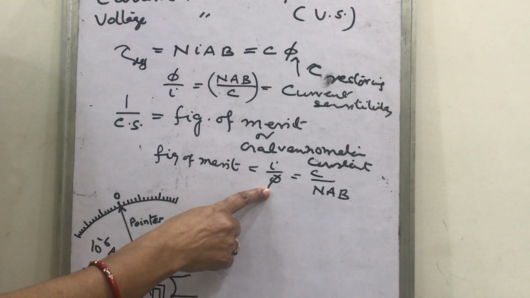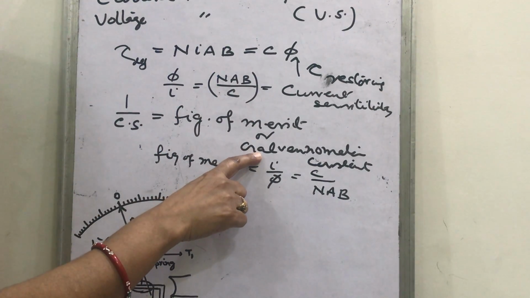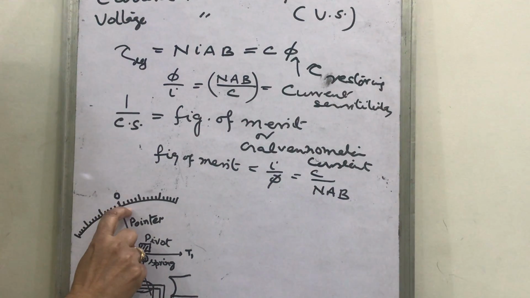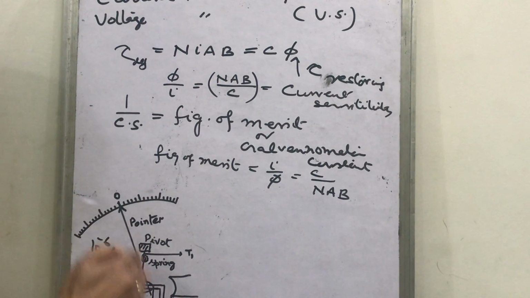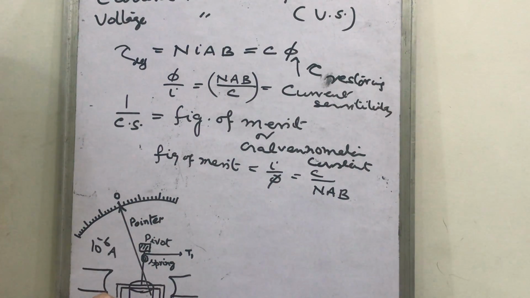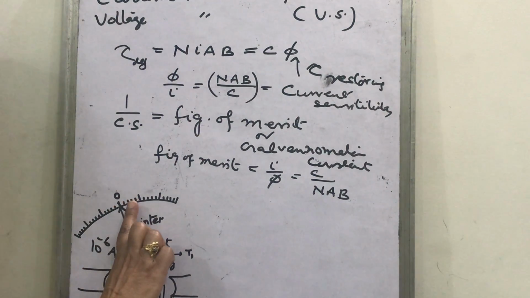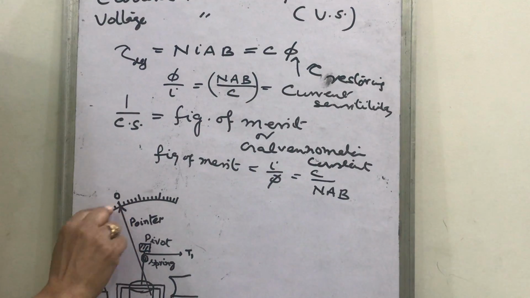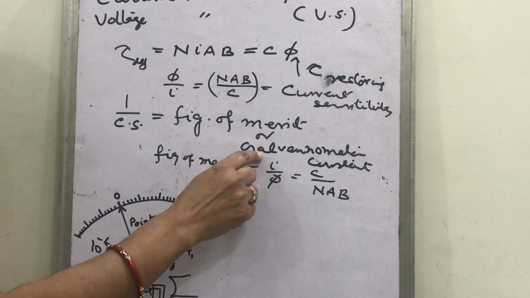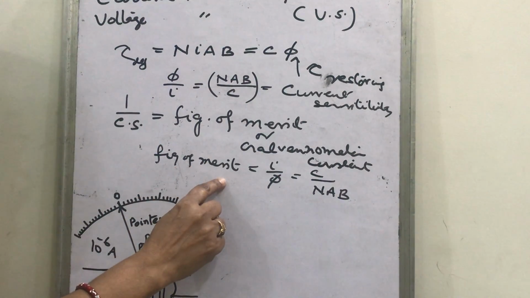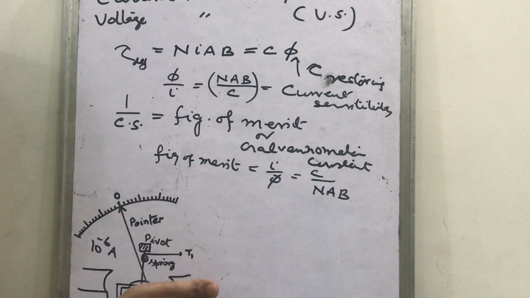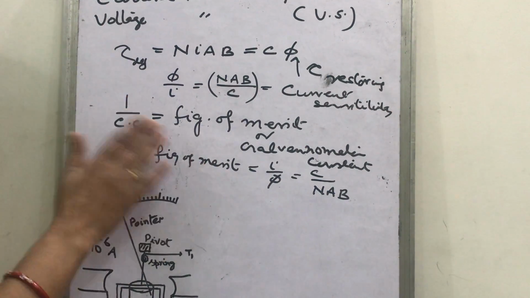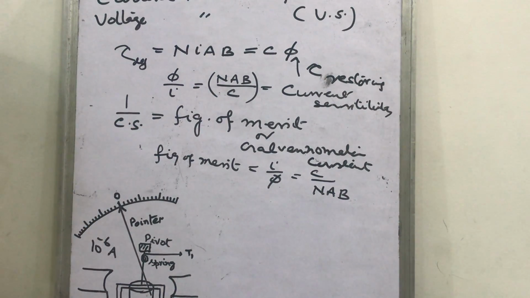It is that current which produces unit division deflection in a pivoted type galvanometer. Here the pointer will move up to certain divisions, so for unit division deflection, whatever the current is, that is called figure of merit. These are Viva questions, and you should know that figure of merit and current sensitivity are reverse of each other.